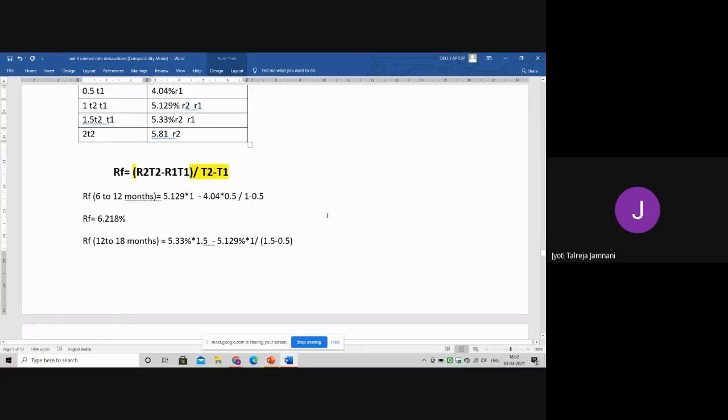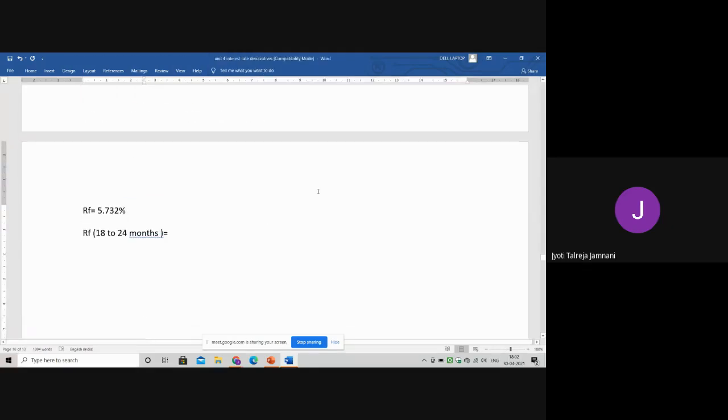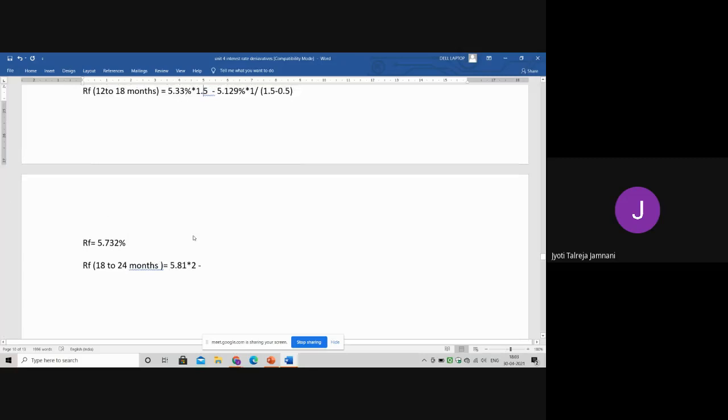So 5.81 into 2, minus 5.33 into 1.5, divided by 2 minus 1.5.